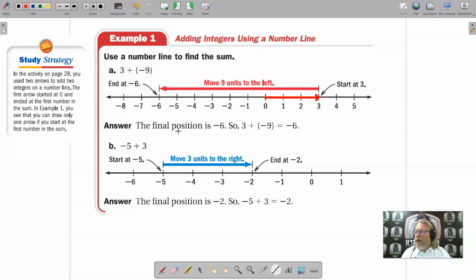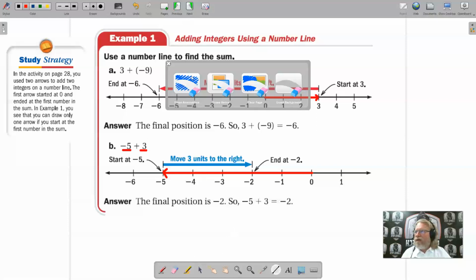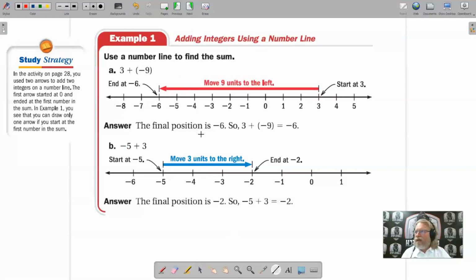On this one, using that method for the -5, you would have started at 0, gone back to the -5, drawn an arrow to there, and then moved the 3 units to the right. However, this way here, they're just saying, instead of using that first arrow from 0, we'll simply just find the first addend.